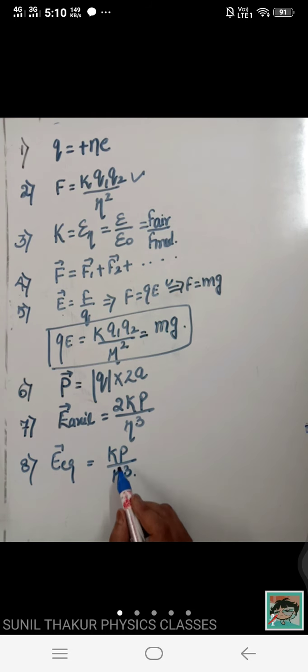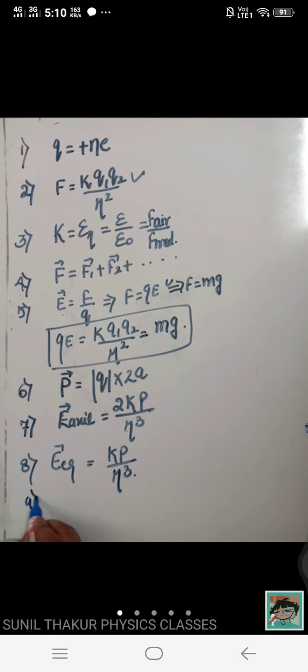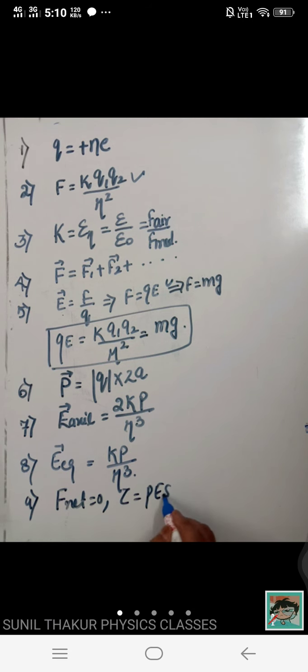Numericals based upon this one. OK, this is for electric field. Next one, when an electric dipole is placed inside a uniform electric field, the net force acting on it, F net, must be equal to 0, but torque is there, and torque equals pE sine theta.